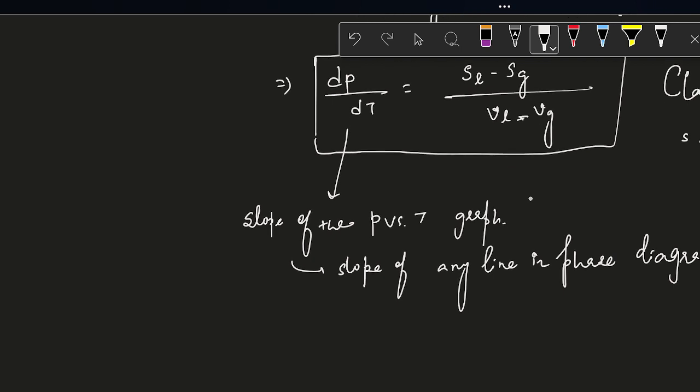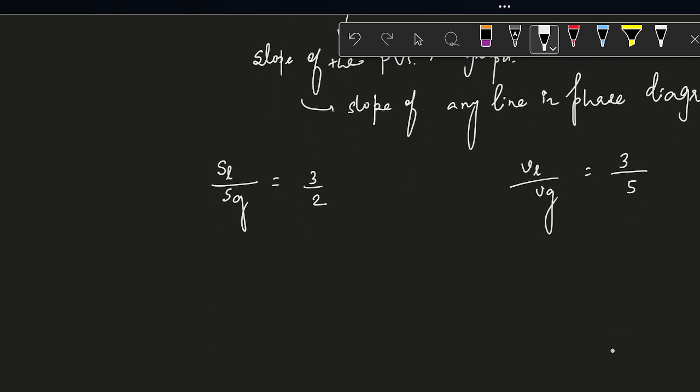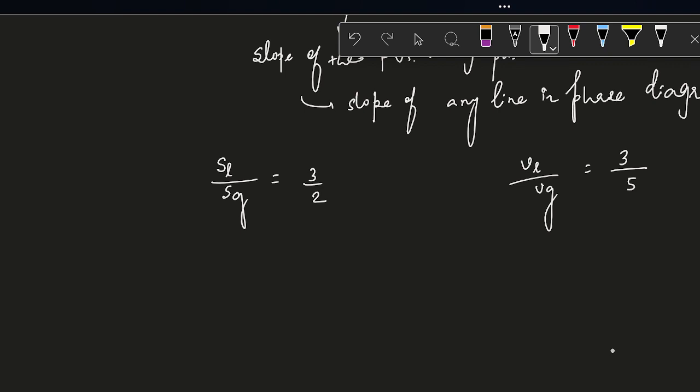What was given in the question is the ratios: SL by SG is 3 by 2, and VL by VG is 3 by 5. Basically, let us represent it only in terms of the gas phase.